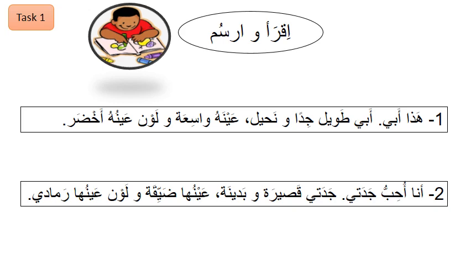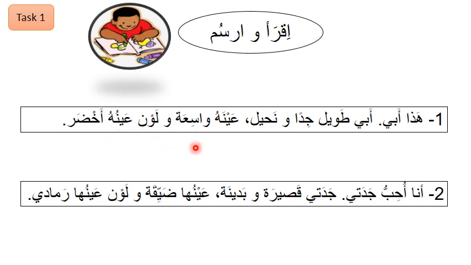And now it's your turn. I want you for task 1, اقرأ وارسم. I want you to read with me and you draw a picture that describes the sentence. رقم 1, هذا أبي. أبي طويل جدا ونحيل. عينه واسعة ولون عينه أخضر.